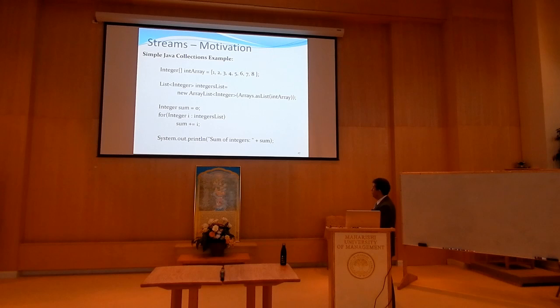So we have an array, we convert it to a list, and what we need to do is find the sum of all the elements inside this array. What is a normal way of doing it? You set an initial value of 0 to sum. You loop through all the elements of the list in this case, and then you just add them to sum, and at the end you can print the sum, right? Extremely simple idea, okay? How do we do this using streams?